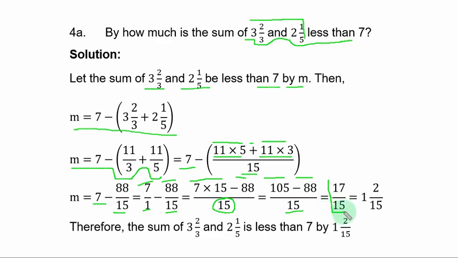To mixed fraction, you have 1 whole number 2 over 15. Therefore, the sum of 3 whole number 2 over 3 and 2 whole number 1 over 5 is less than 7 by 1 whole number 2 over 15.